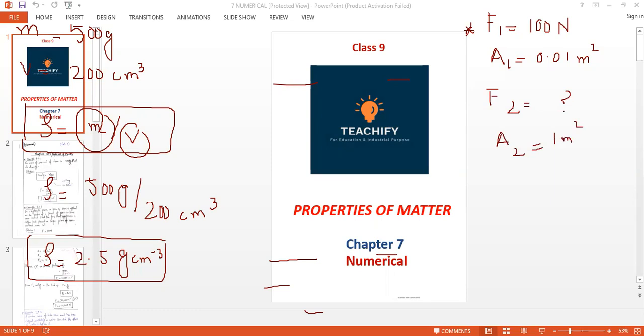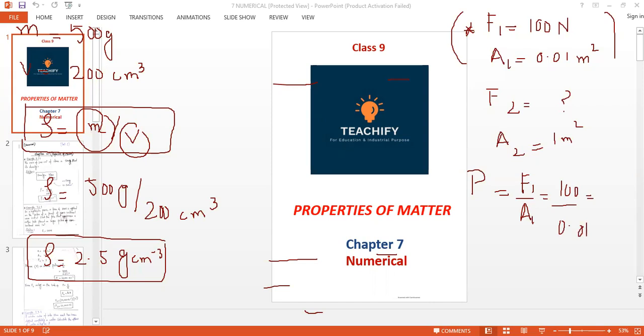As we know that the pressure on the smaller piston, this one, equals F1 by A1. Now putting the value of F1, that is 100, and A1 is 0.01.